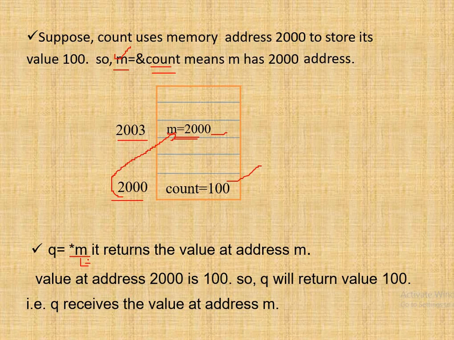So value at 2000. What is the value at 2000? Value at 2000 is 100. So this 100 will be assigned to this variable q. Basically it returns the value at address m. That's why we call it the dereference operator. Value at address 2000 is 100, so q will return the value 100.